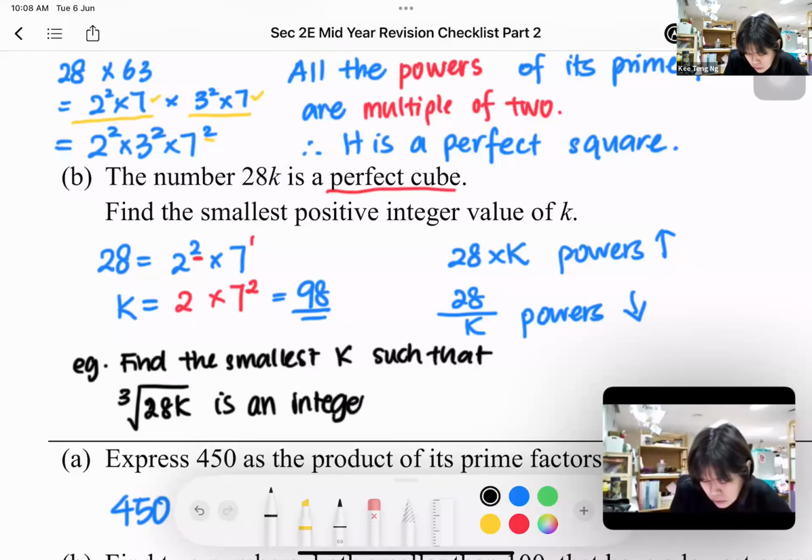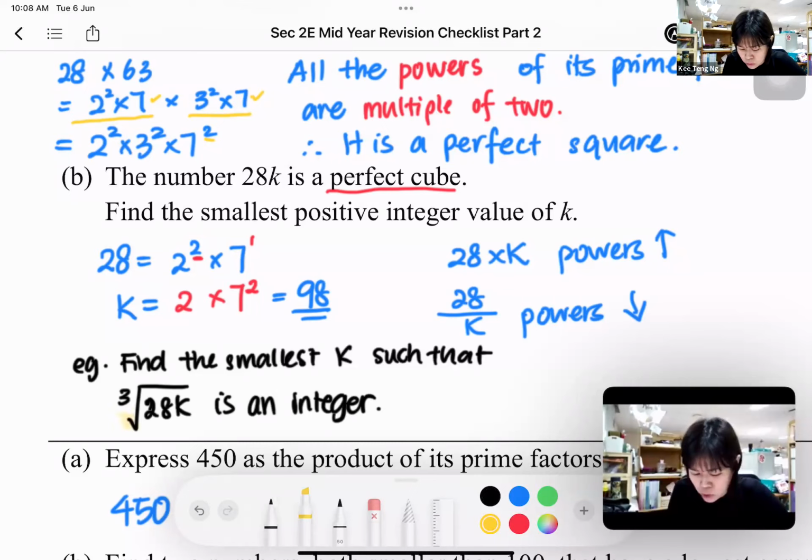For this type of question, the question can come in a slightly different phrasing. So when you say find the smallest k such that the cube root of 28 times k is an integer, what does this mean? If the question wants that when you cube root something and it becomes an integer, it means they want this portion over here to be a perfect cube.